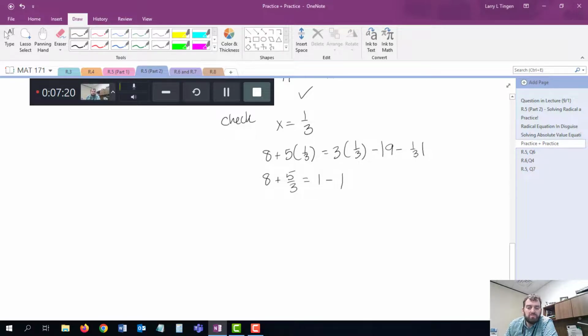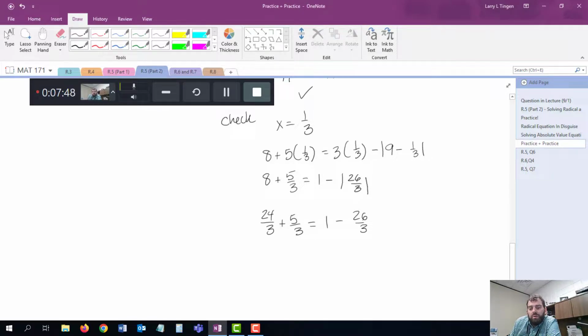I have to respect the absolute value. 9 is the same thing as 27 over 3. 27 over 3 minus 1 over 3 is 26 over 3. On the left-hand side, 8 is the same thing as 24 over 3, is equal to 1 minus absolute value 26 over 3 is 26 over 3.